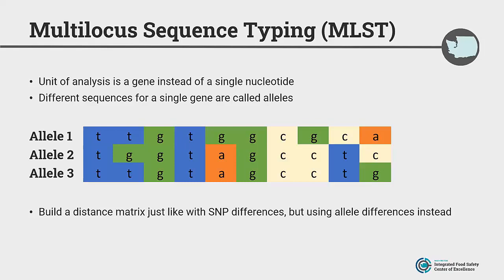And it's important to notice that the allele naming just goes on as the alleles are identified. So allele 1 and 2 are not necessarily more related than allele 1 and allele 45. Each one just gets its own name as it's identified. And with MLST, we can build a distance matrix just like we did with the SNP differences, but by using allele differences instead.